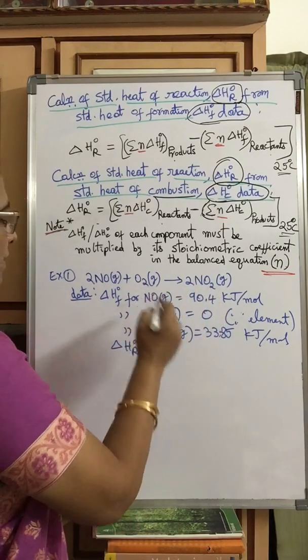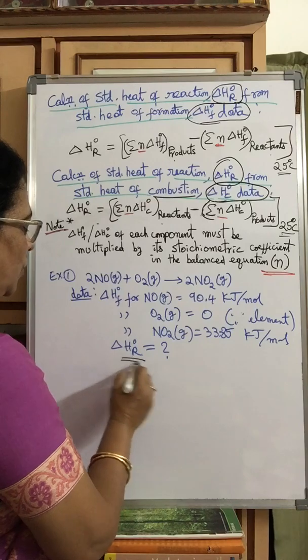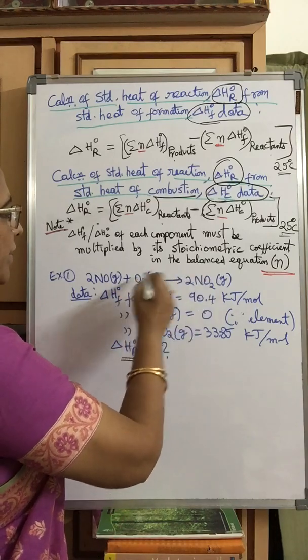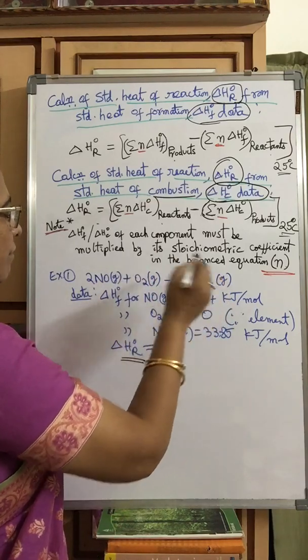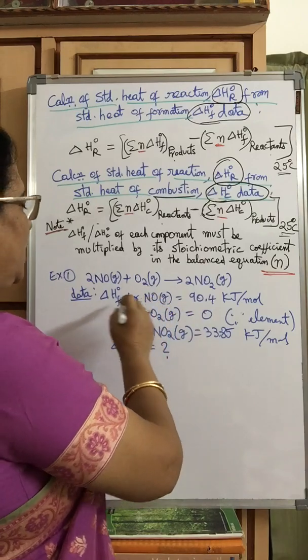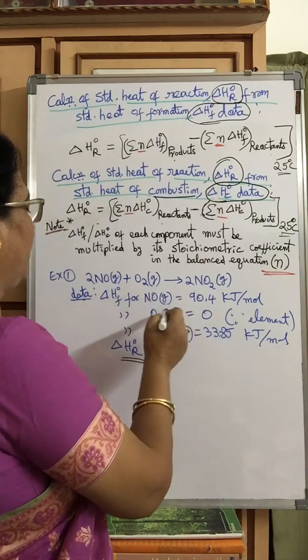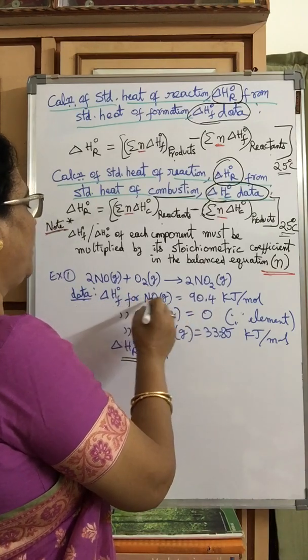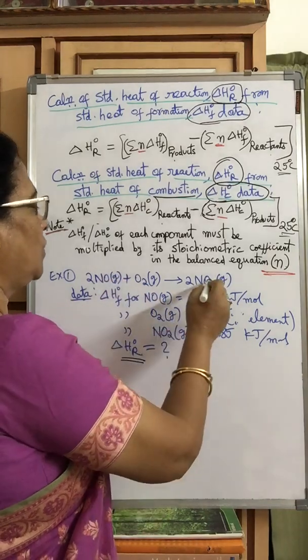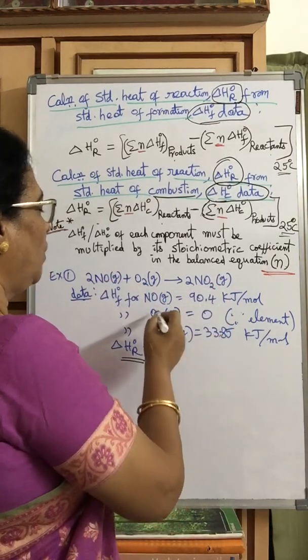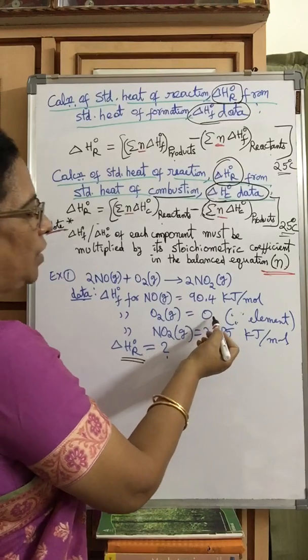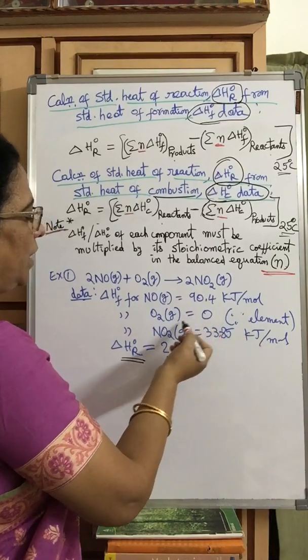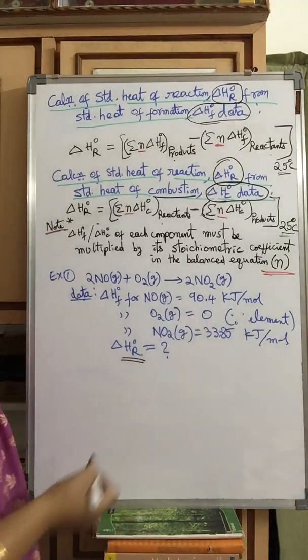For this, what is the standard heat of reaction? Standard heat of formation data is given for NO and also NO2. O2 need not be given, that is equal to 0 because it is an element. Heat of formation of an element is 0.